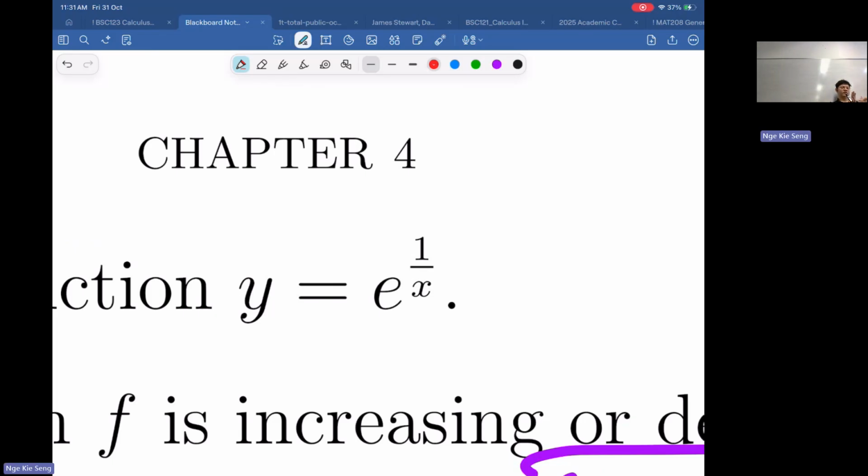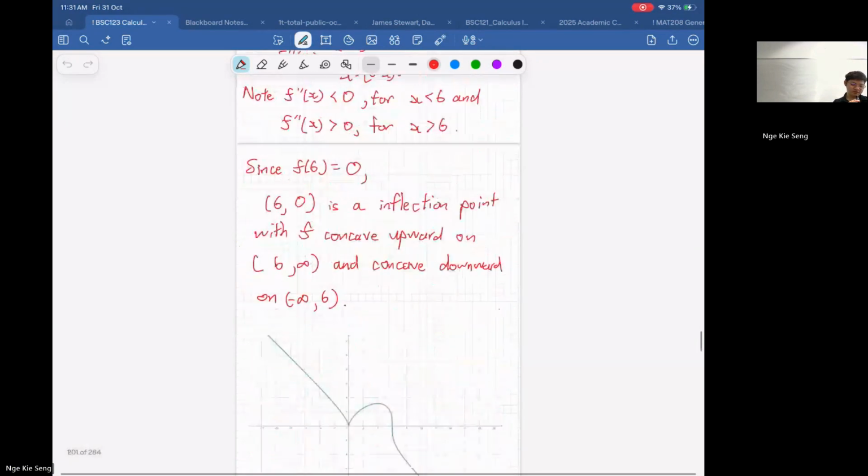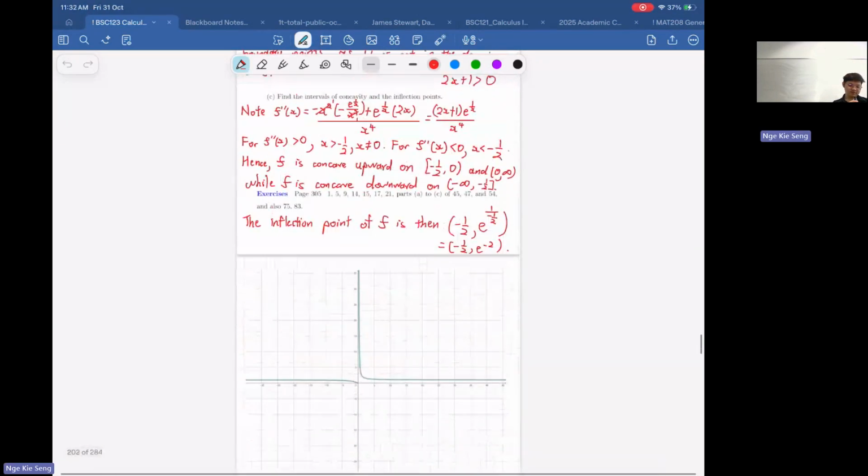How about on the left of 0? It's a very negative number, so 1 over a very big negative number is a very small negative number. So e to the very small negative number is very small also. So you come from a very small number and then decrease again. I try and sketch it. It's like this.